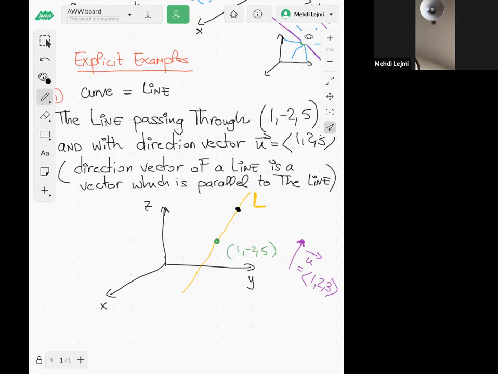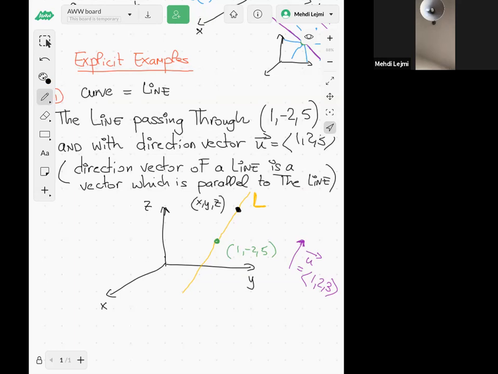They are unknown. You don't know exactly the value of x, y, z. It's just a point which belongs to your line L.